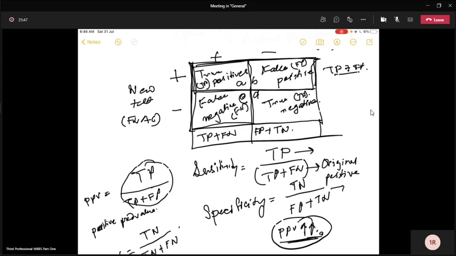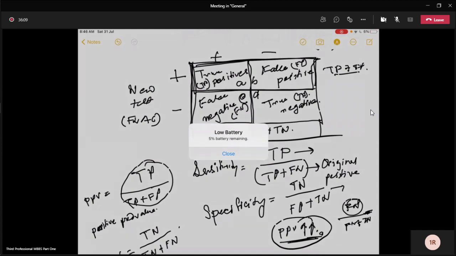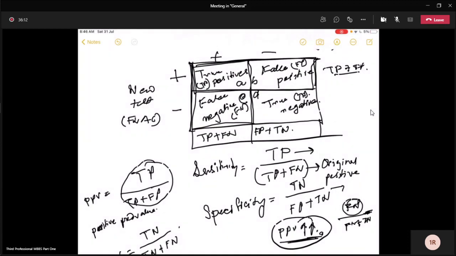If it is negative, that is, if it is FN plus TN, then you have to do a repeat test. So the false negative is quite high. We are bothered about the false negative in this case. In a screening test, we design the test such that the true positives are high.